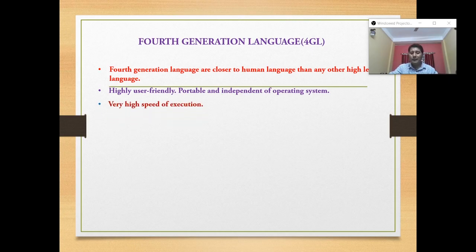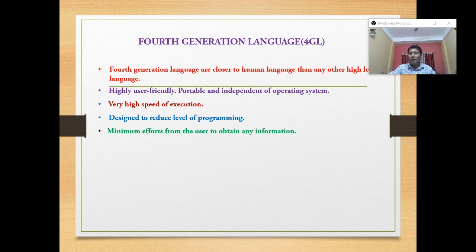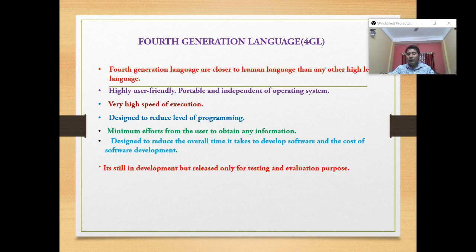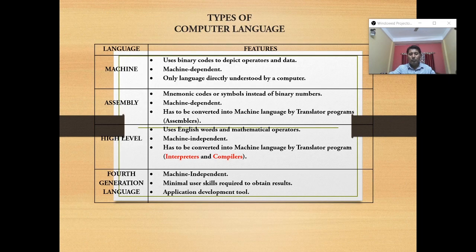They have very high speed of execution, and fourth generation languages are designed to reduce the level of programming so that users spend minimum time and effort to obtain any information. They are designed to reduce the overall time it takes to develop software and the cost of software development. It is still in development but released only for testing and evaluation purposes.